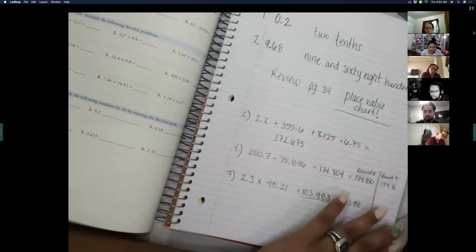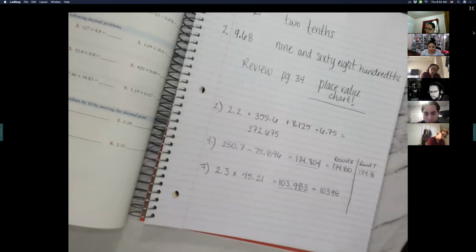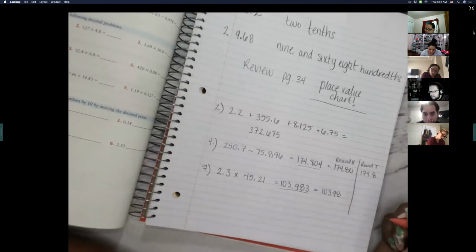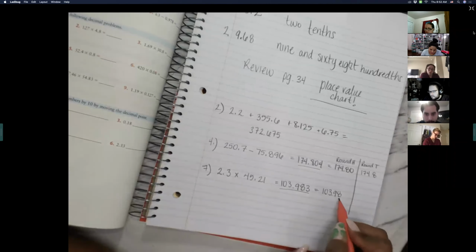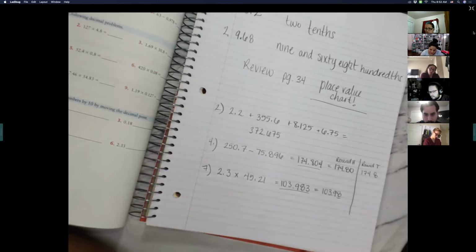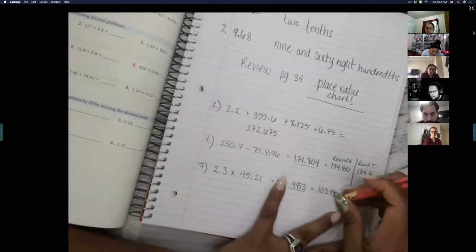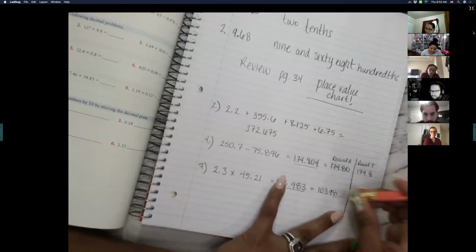Okay. And number 7 is 103. This is where it gets tricky. So it's going to be 104. Why? Talk to me. Because the 8 rounds up to 9 to 10. And then you have to add to the next decimal place. Is that right? Yes. So it's 104. Exactly.